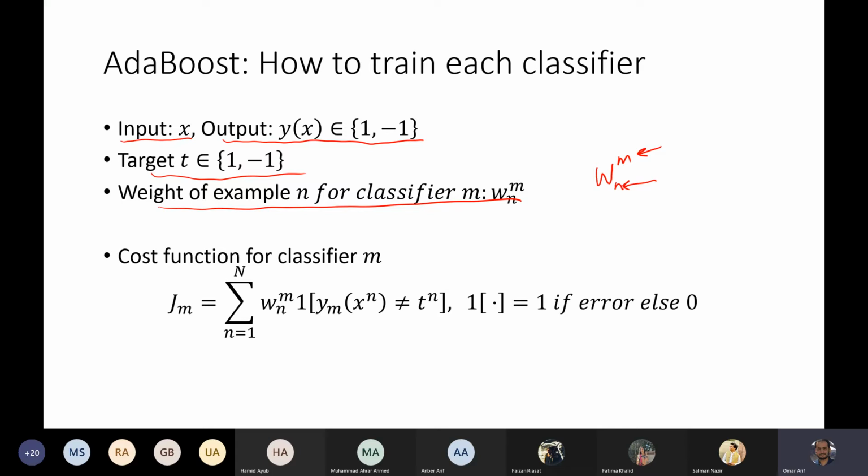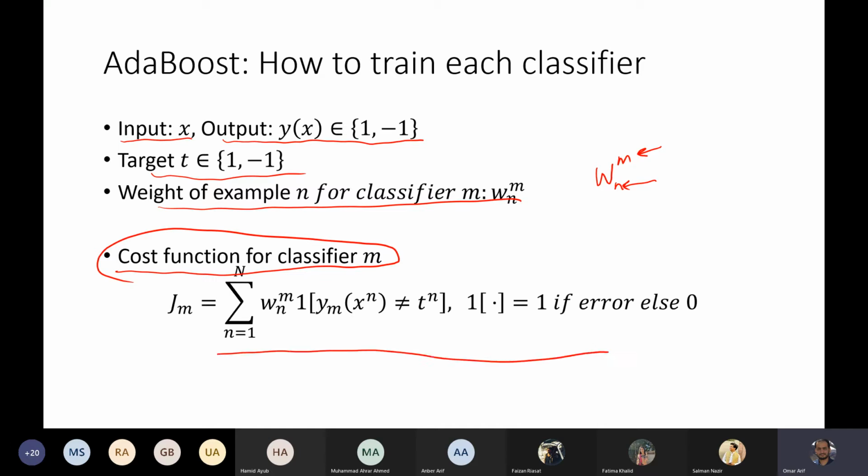Okay, so the cost function for the classifier M. What is the cost function? The cost function is given by this equation, where n goes from 1 to capital N, where capital N is the total number of examples that we have in the data set, and this is the weight of the nth example.